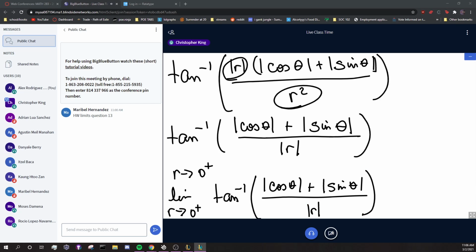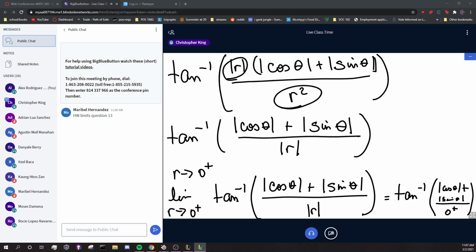If we get close to 0 from the right, we end up with the tangent inverse of the absolute value of cosine theta plus the absolute value of sine theta over something really close to 0 but positive.